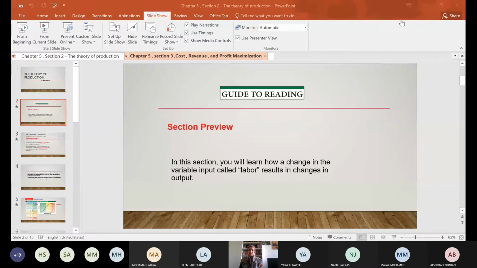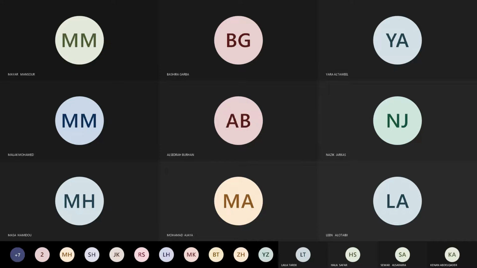It's showing me guide to reading. Wait a minute. Can you see now?